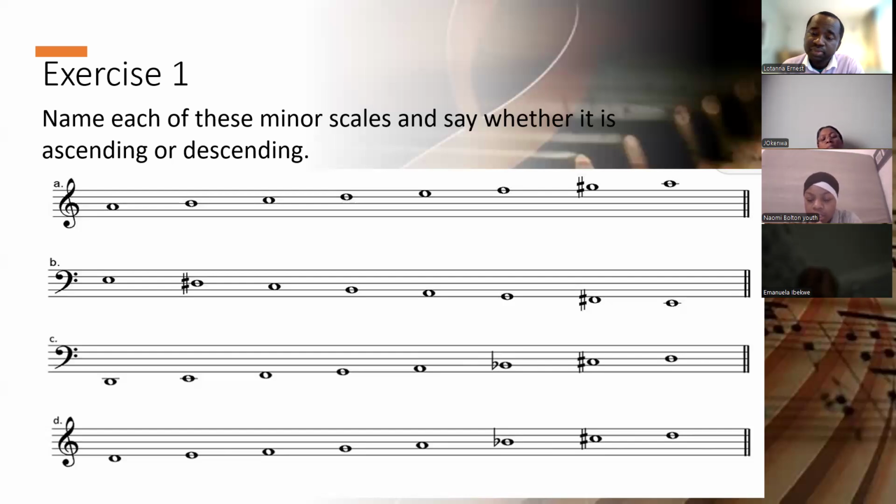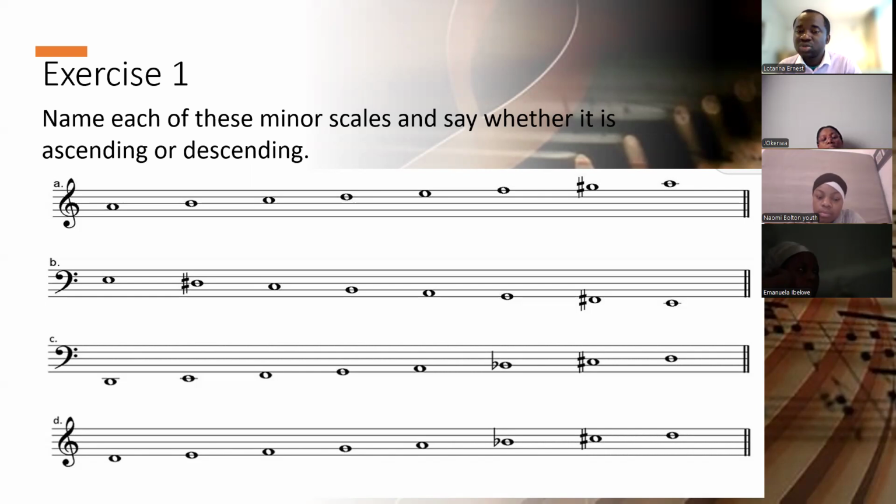Yeah, it's harmonic because it's only the seventh note that has a sharp. That's it, Sister Naomi. It's harmonic. If the sixth and the seventh notes were sharpened, then you say it's melodic because it's ascending. But no, only the seventh note is sharpened.